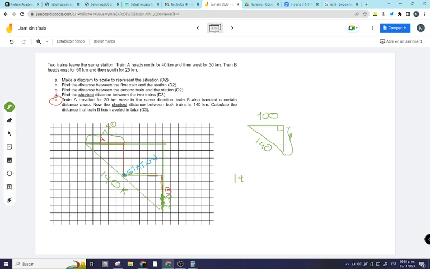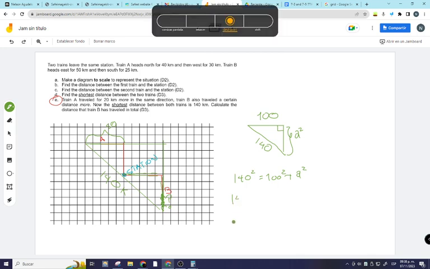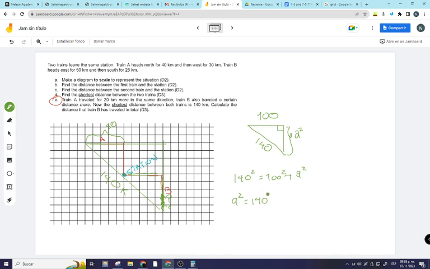So 140 squared is 100 squared plus, let's call it, I don't know, let's call it a squared. A. Let's not confuse it with 9. But since we have the hypotenuse, you can solve it by subtracting. Like a squared is the subtraction between these two. Okay, so what's 140 squared?